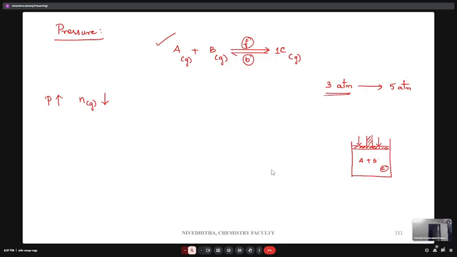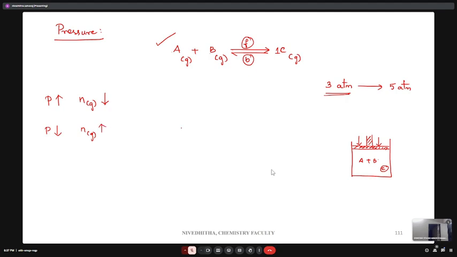Here also we cannot generalize whether it is forward or backward, but according to this example, the reaction will move in the forward direction to make the number of moles lesser. If you decrease the pressure, then the reaction will move in a direction where the gaseous number of moles is more. That's it.